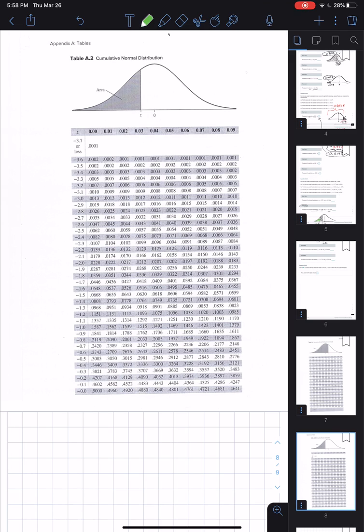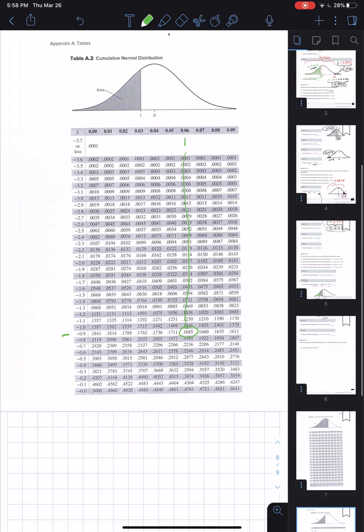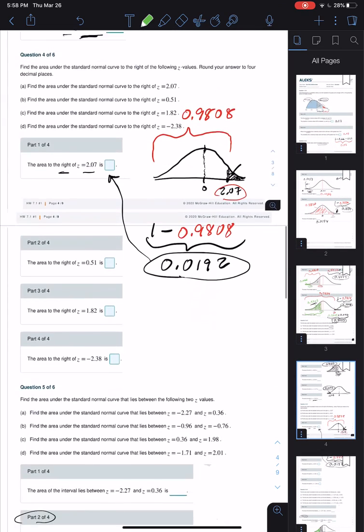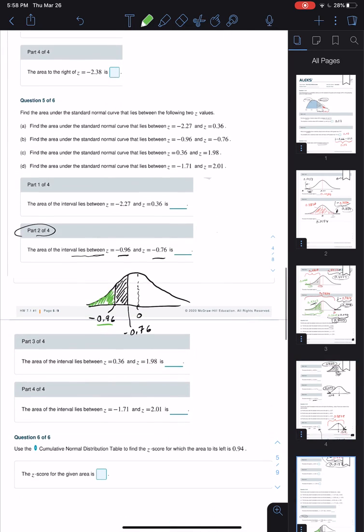So negative 0.9 and 6 gives us area of 0.1685.